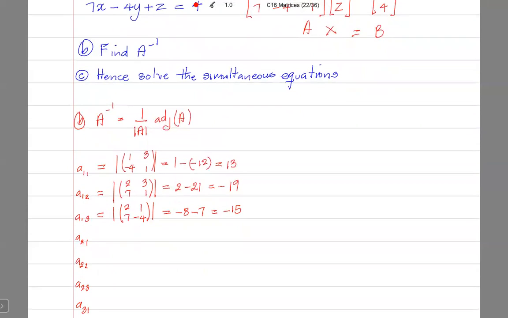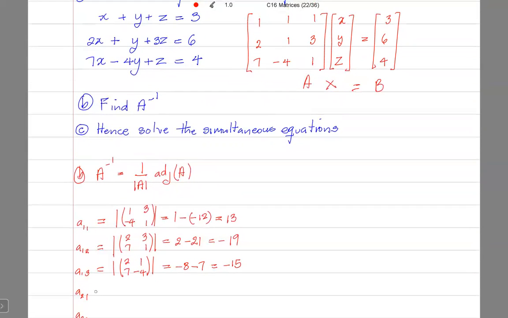Now second row, first element. If I block off all the elements in the first column and the middle row, I'm going to find the determinant of 1, minus 4, 1, 1.